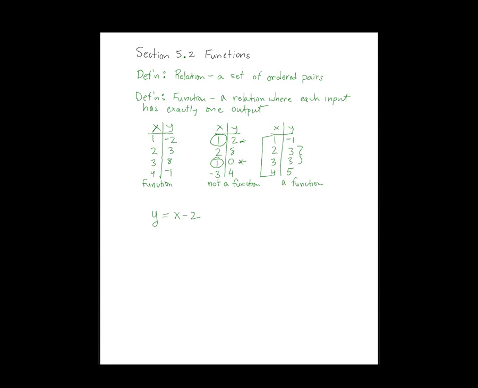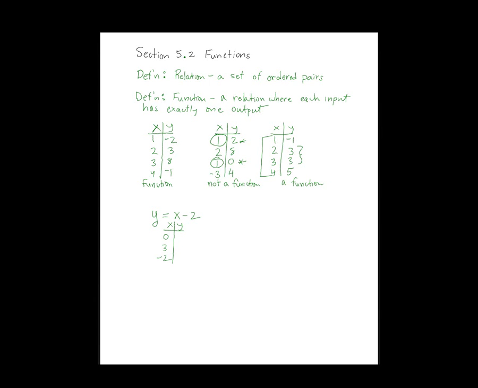Well, probably the easiest way to determine if an equation is a function is to build a little table and see. Pick some inputs. I'm going to pick a couple: 0, 3, negative 2. A good rule of thumb is to pick one positive, one negative, and 0. When I plug a number in for x, how many answers do I get?